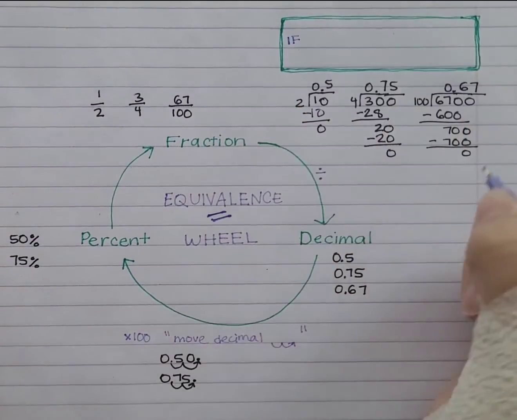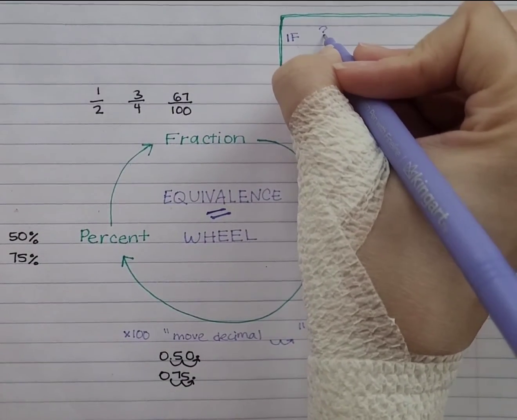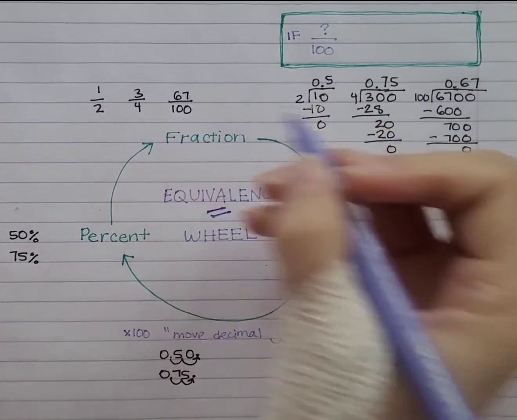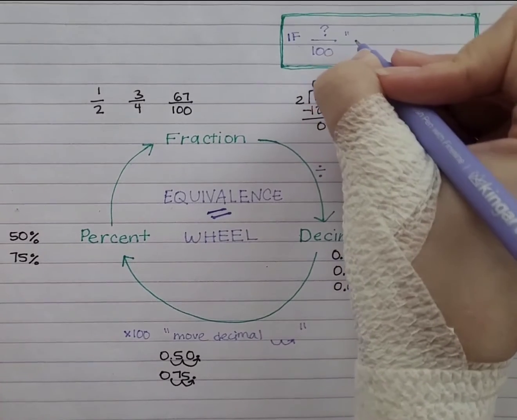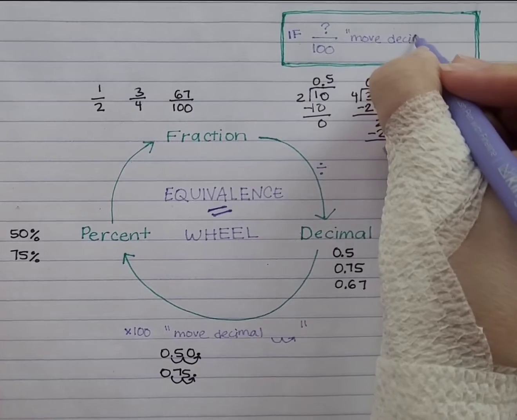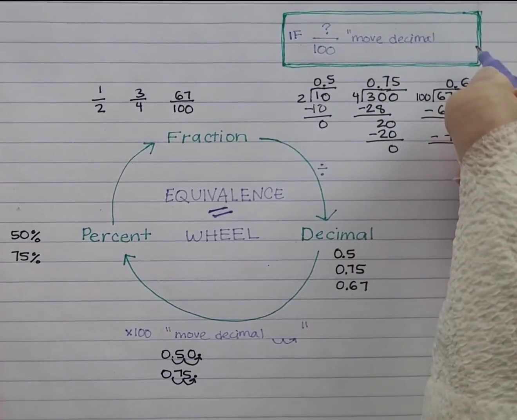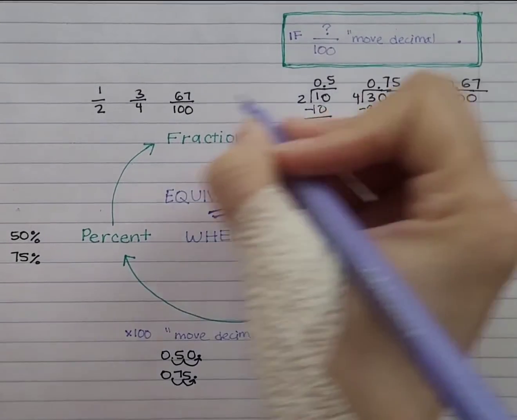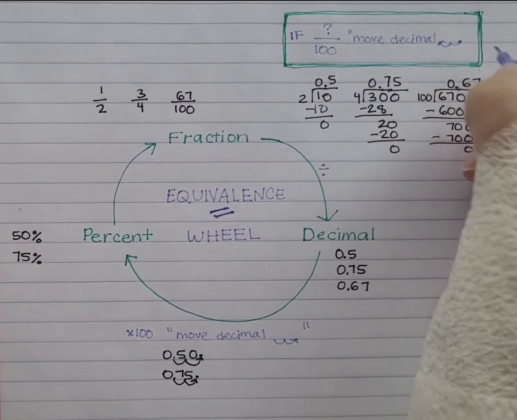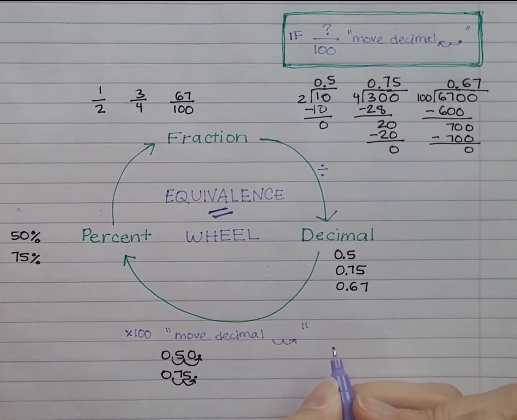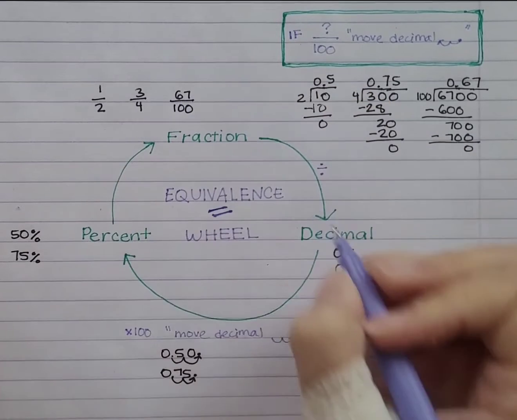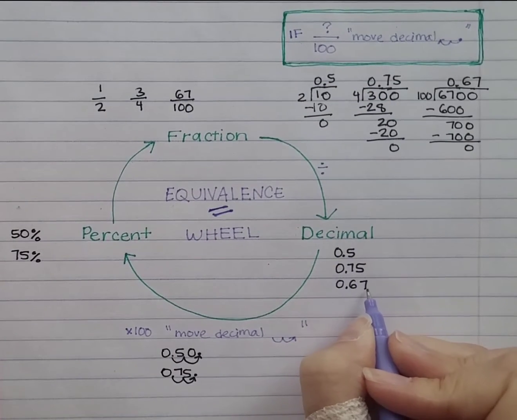If we have some number written over 100, like we do, we can simply move the decimal, this time starting over here, and move it left 2 spaces. We could have done that right here, move it over 2 spaces, and simply got 0.67.